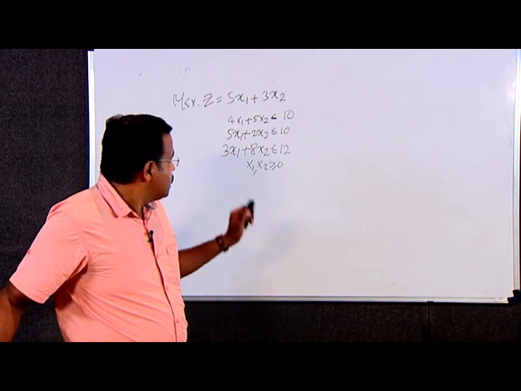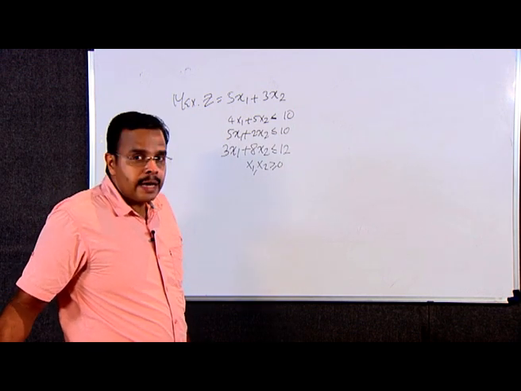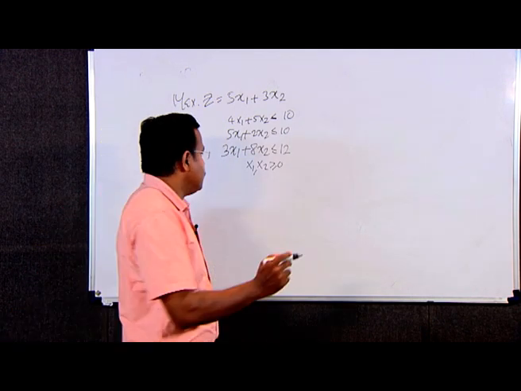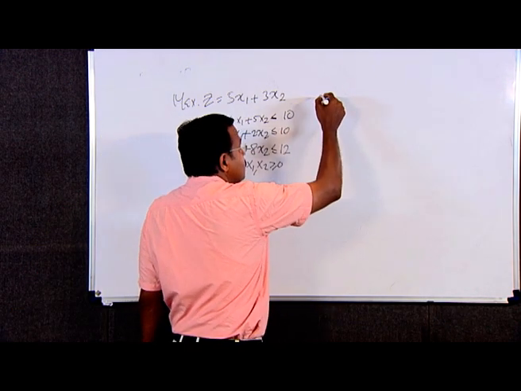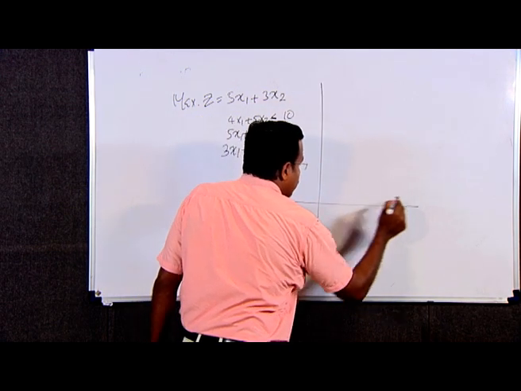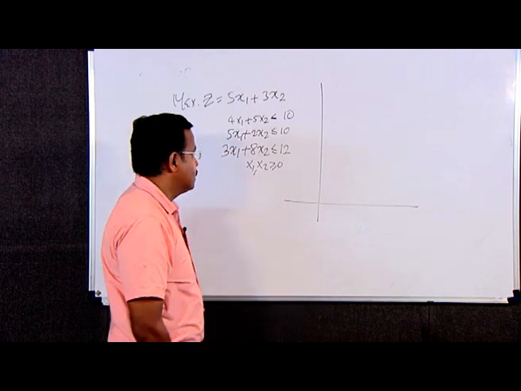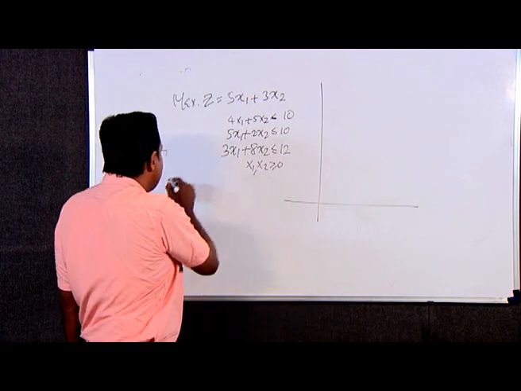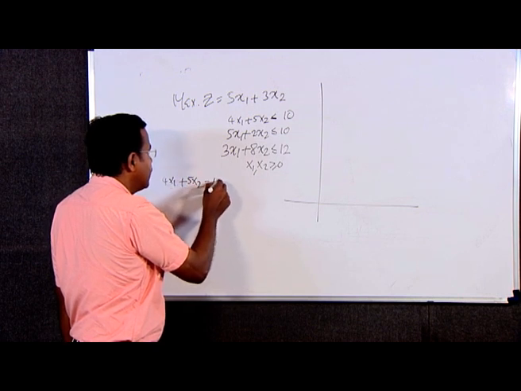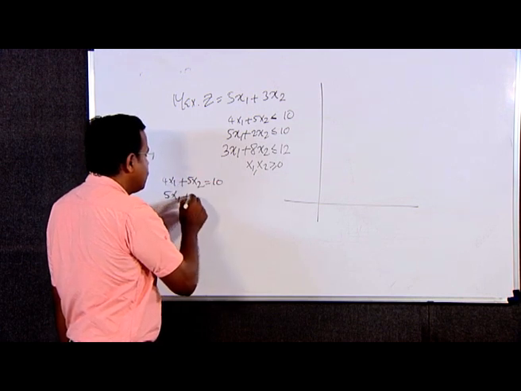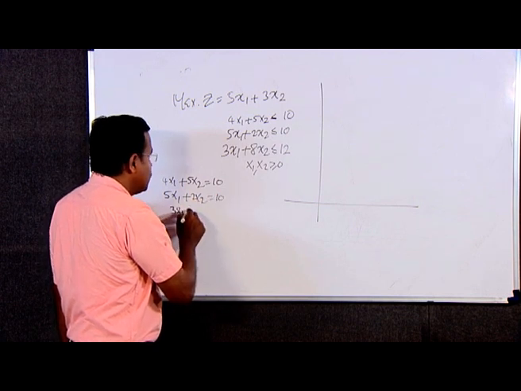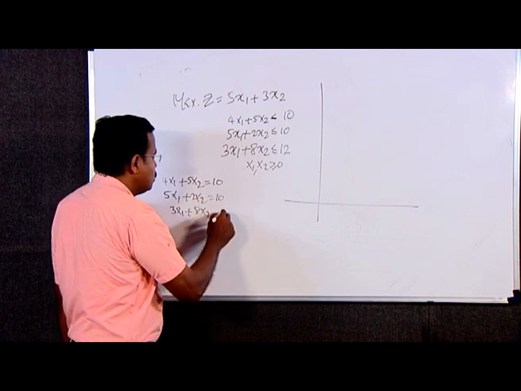In this problem there are only 2 variables, x1 and x2, so we can solve the problem graphically. To do so, we draw the constraint equations. They are 4x1 plus 5x2 equal to 10, 5x1 plus 2x2 equal to 10, and 3x1 plus 8x2 equal to 12.